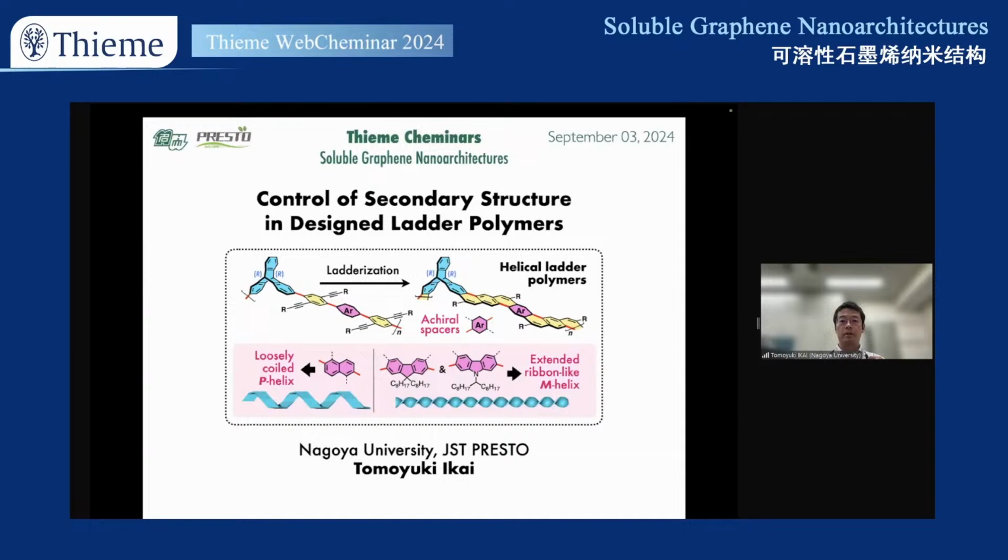Yes, so please let me introduce Professor Tomoyuki Ikai from Nagoya University. He studied at Nagoya University, receiving his Bachelor of Science and PhD degrees, working in the group of Professor Yoshio Okamoto and Professor Masami Kamigaito. In 2008, he became an assistant professor at Nagoya University.